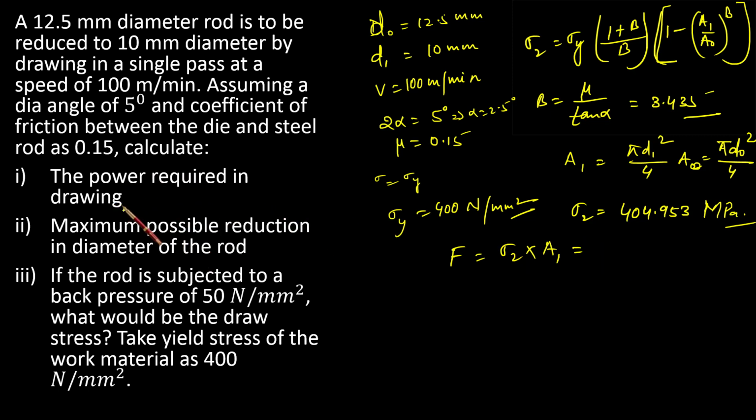The question asks for the total power required and the maximum possible reduction in the diameter of the rod. Now power is equal to force into velocity. Force is given, and velocity is given as 100 meter per minute.